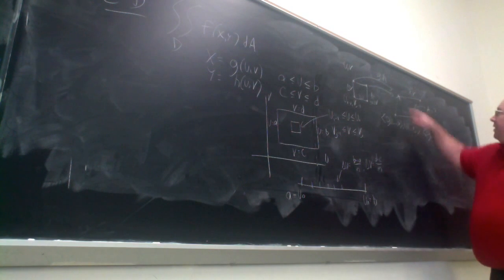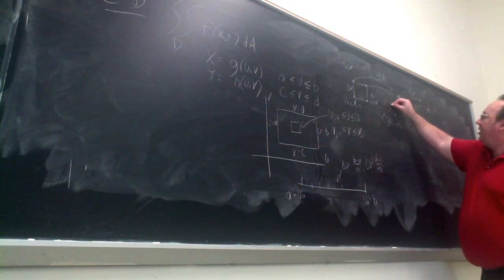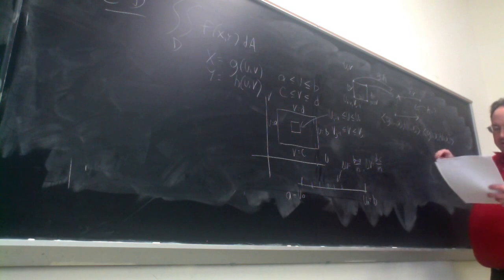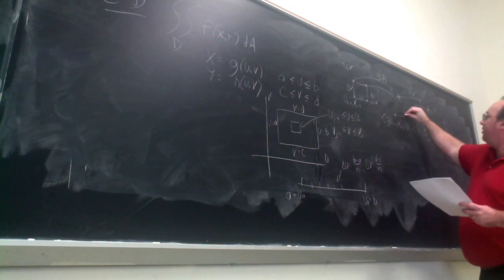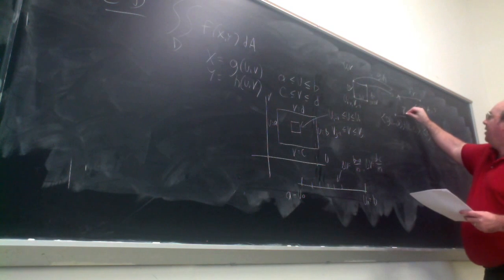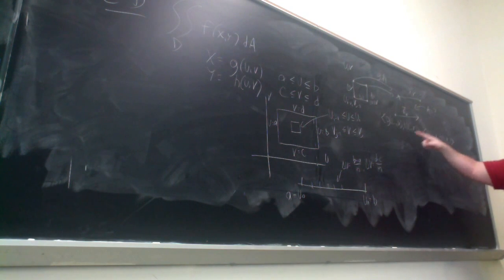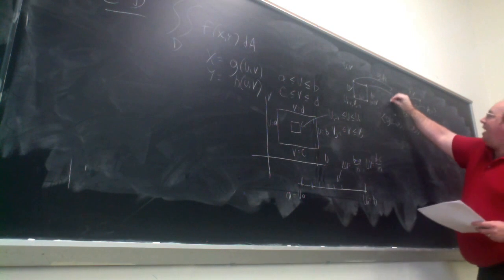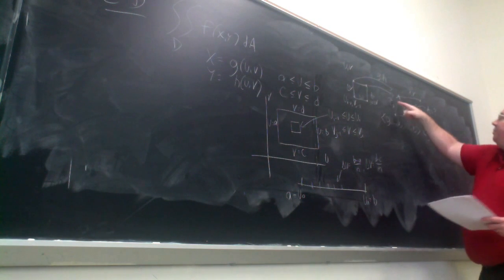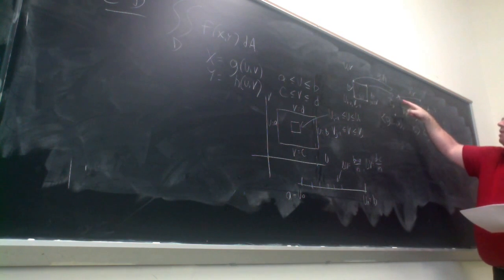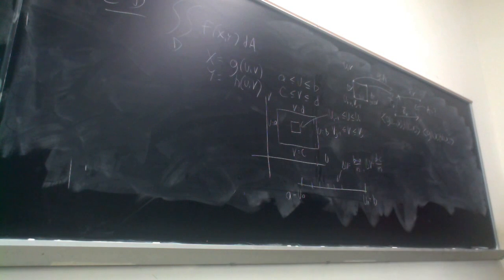If I call this edge, so you need to use new letters here. Well, okay, I'll call this, what's in my notes? R_u, the u subscript is because here u is changing and v is not. For this edge, I'll call it R_v, because from this point to this point, v is changing and u is not.